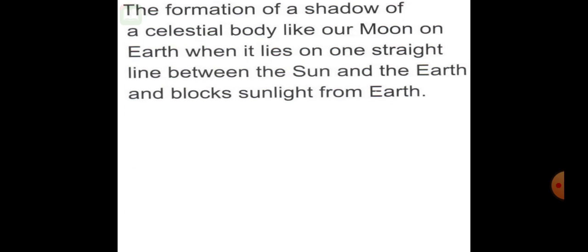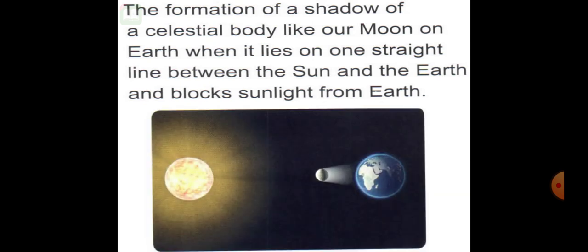The formation of a shadow of a celestial body like our moon on Earth happens when it lies on one straight line between the sun and the Earth and blocks sunlight from the Earth.